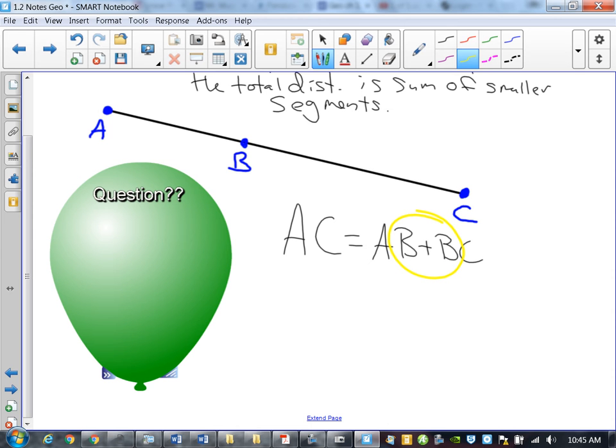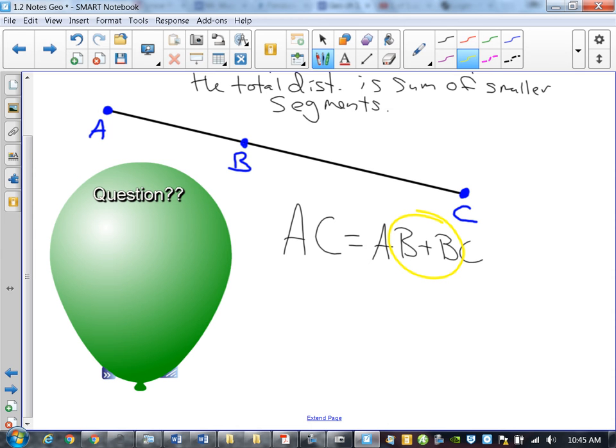You're going to see a lot of times where things are written out, it'll say points X, Y, and Z are collinear with Y between X and Z. Something like that means just that. It doesn't tell you specifically how far away something is, but you're able to take that verbiage and write it out into a segment statement really, really easily. Okay?